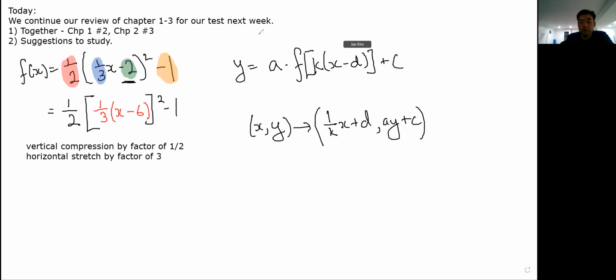Okay, let's continue on finishing the transformations. As I said, it is a horizontal shift 6 to the right and vertical shift 1 down. Questions? Okay.